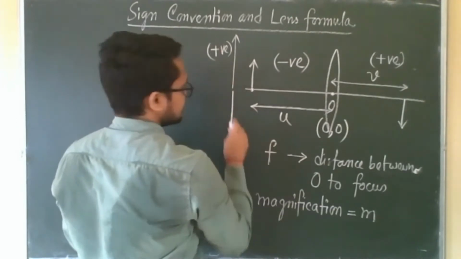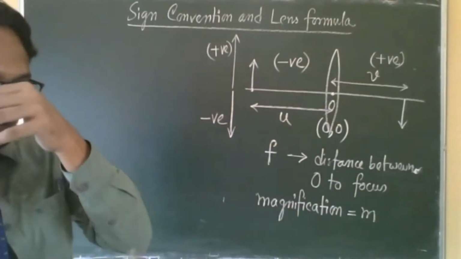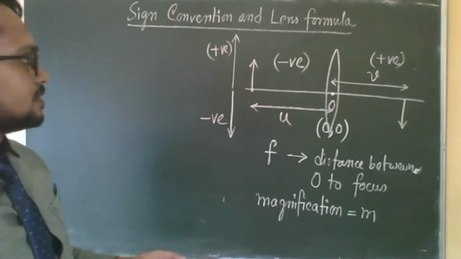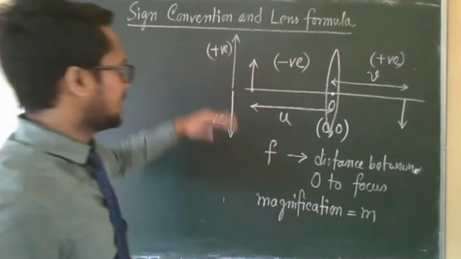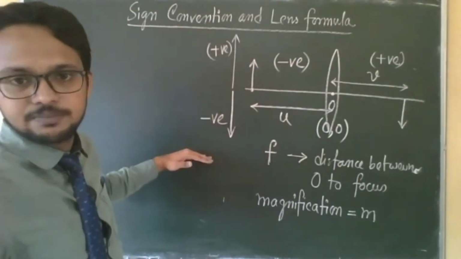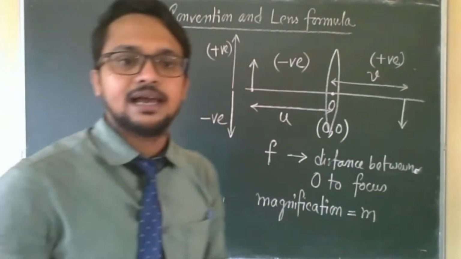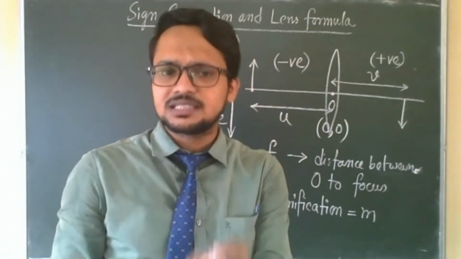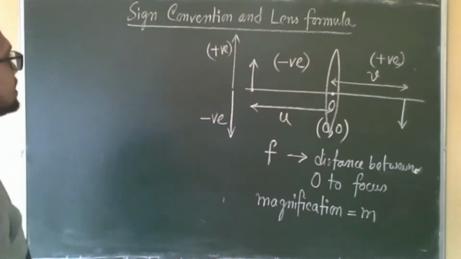Below the principal axis or below the optical center will be taken as negative. So these are the sign conventions: left side negative, right side positive, above the principal axis positive, below the principal axis negative. Now we'll come to different terms and take different cases, and I'll also tell you which kind of conceptual questions you can get from this part.